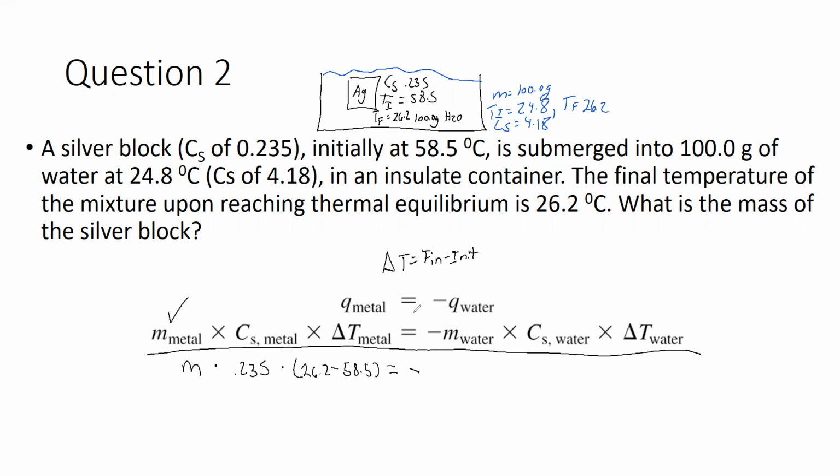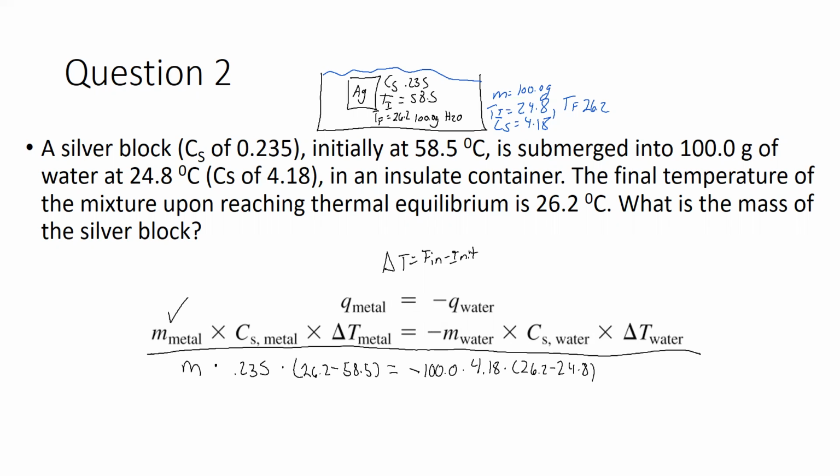Again, we just need a negative on one side. Does not matter which side. Negative mass of water is 100 times the CS of water, 4.18, times delta T of water, final minus initial, 26.2 minus 24.8.